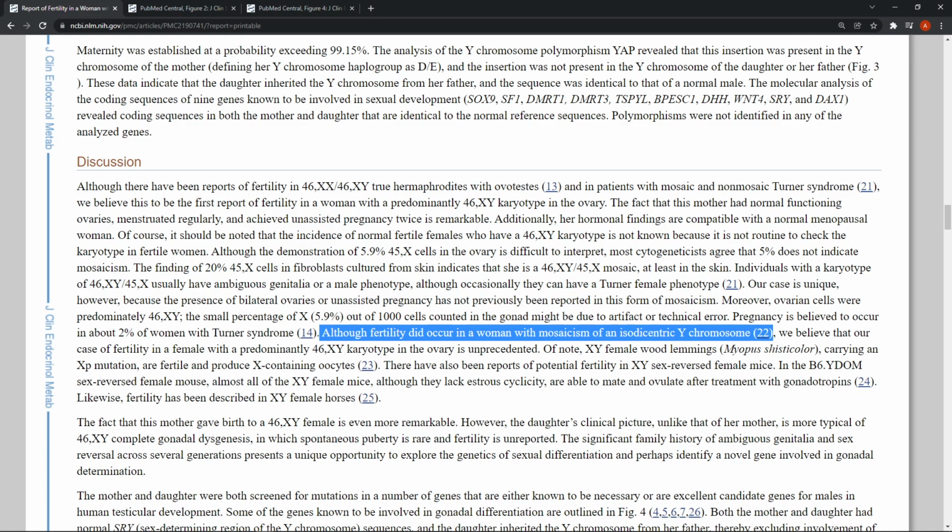Isodicentric in this context means that the Y chromosome, when it's split during normal cell division, forms kind of a bundle in the middle that is normally split in half equally between the two cells when the cell divides. However, it didn't.